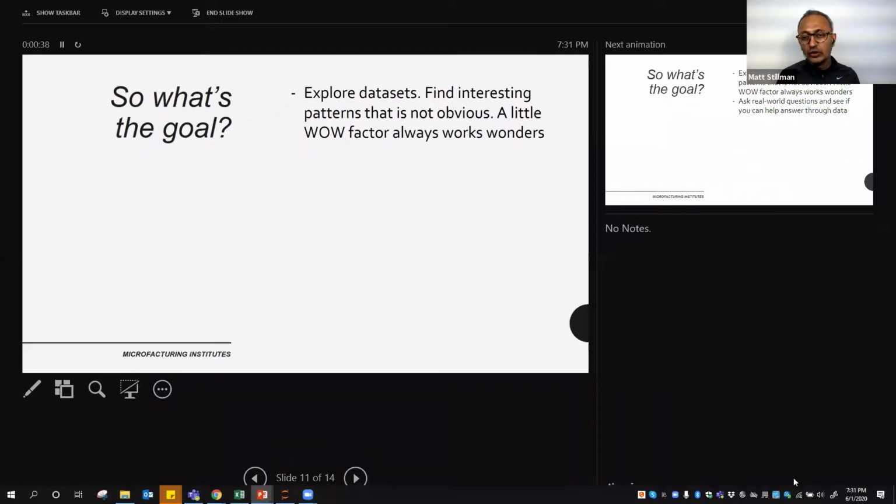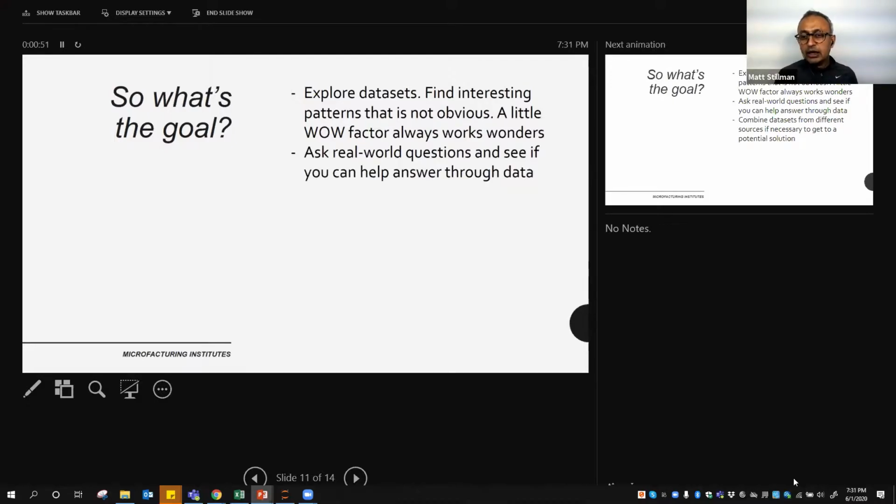They are not going to involve a lot of predictions as much, right? But if you can build that into your project, I think that'll be ideal. And the point is to ask real world questions and see if you can answer through data.